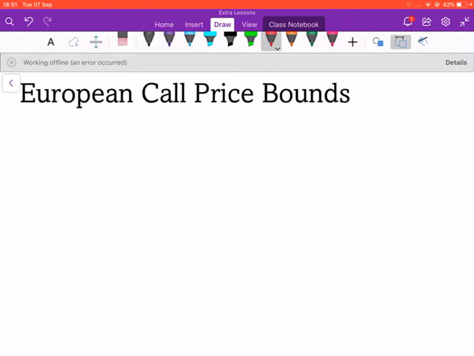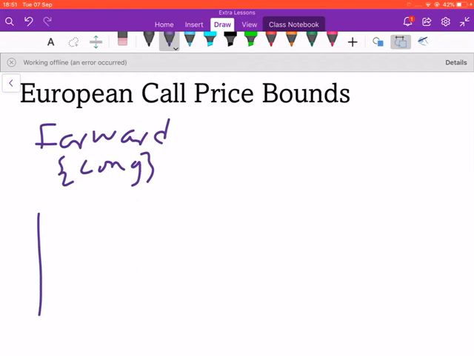So anyway, what are the bounds of a European call option? Remember that these decisions will be made at maturity, right? When you look at a forward contract, the payoff for a person taking a long position is going to look like this.